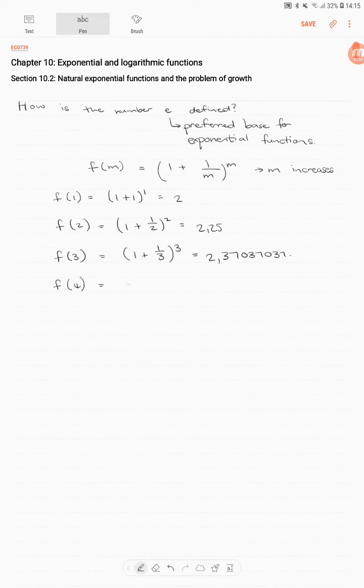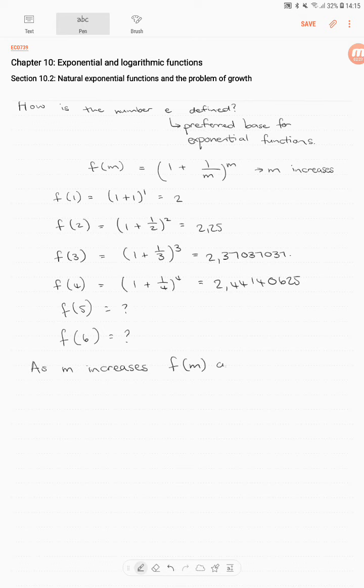f of 4 is equal to 1 plus a quarter to the power of 4, that is equal to 2.44140625. In your own time, you can calculate what f of 5 and f of 6 are. So as m increases, f of m approaches e.